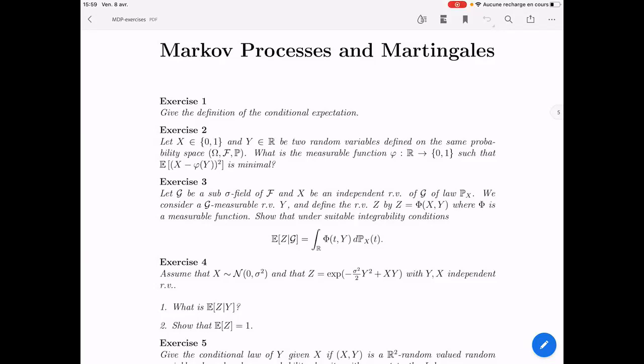Now, it is not a very clear question. Maybe it is the conditional expectation of a random variable with respect to some sigma field.